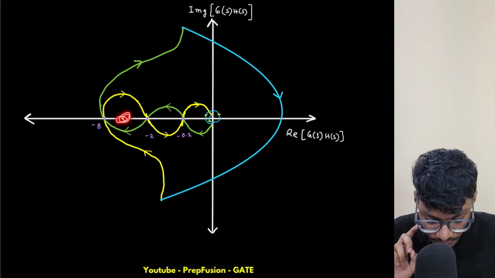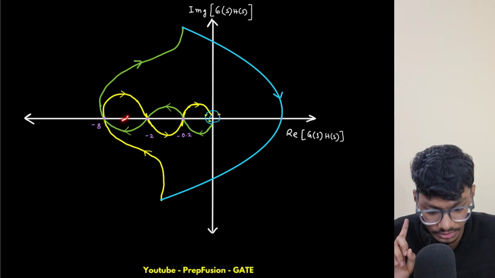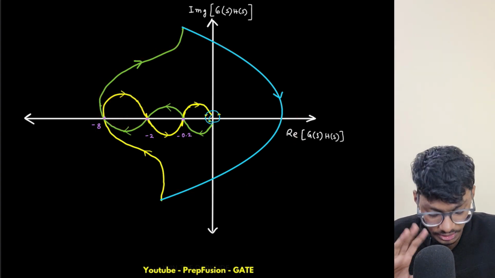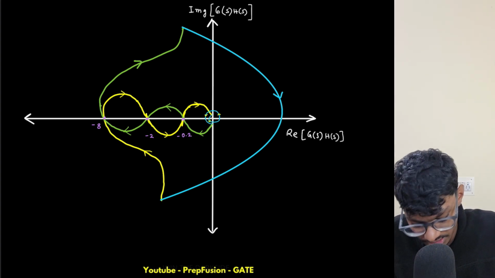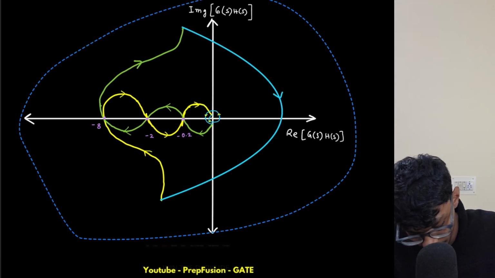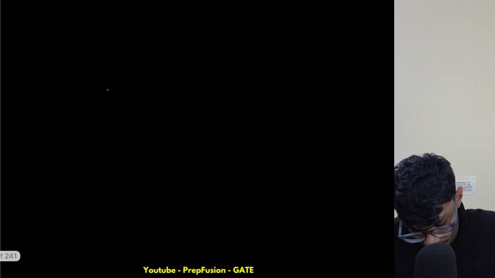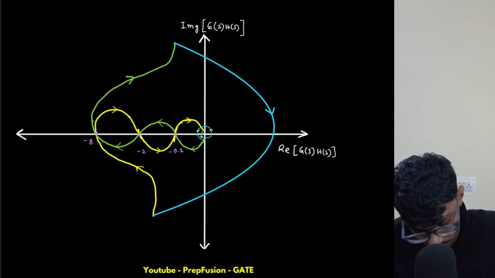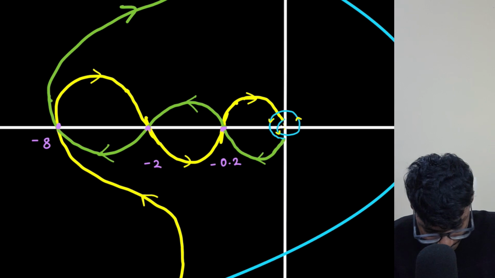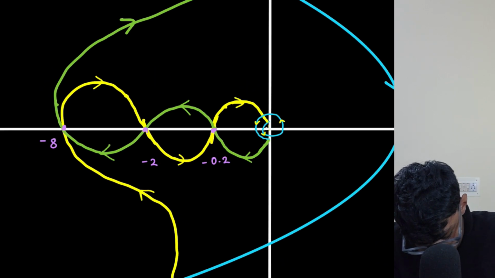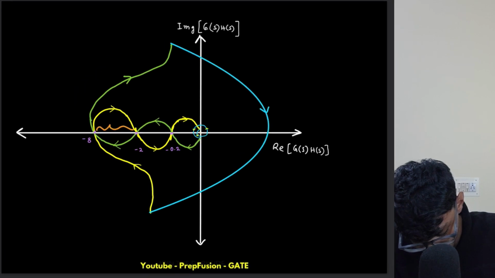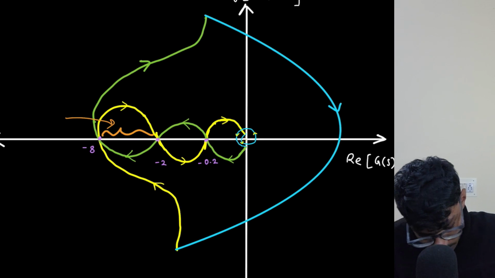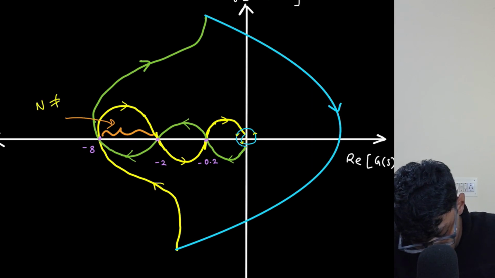If I am at this point, how many encirclements are there? One and 2, right, in the clockwise direction it is minus 2, but still it is not 0. So in this region, N is not equal to 0.